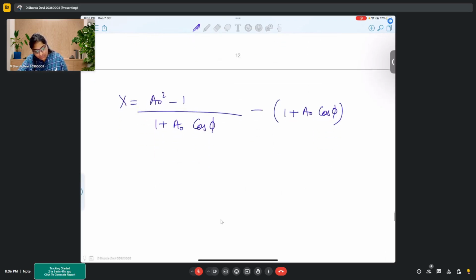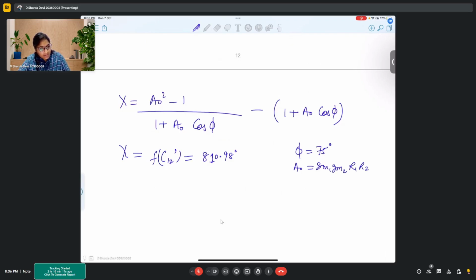So here we have seen that x is also a function of C12 dash square, where phi is 75 degrees from the previous problem, and A naught is GM1, GM2, R1, R2.